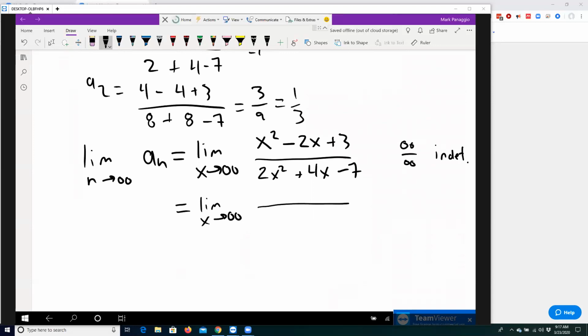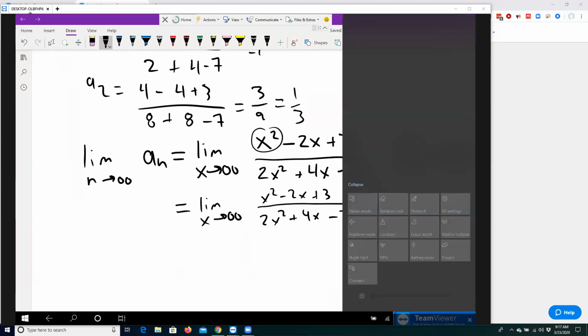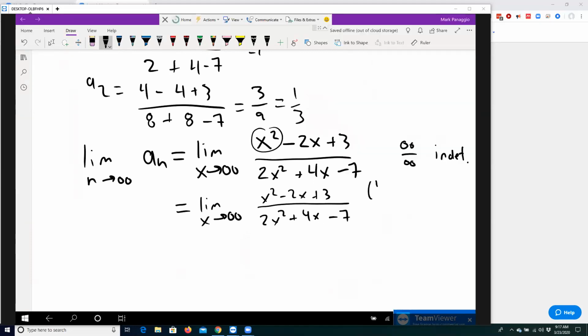In this case, notice x squared is growing fastest on top and it's growing fastest on the bottom. And so what I'm going to do is multiply by 1 over x squared, over 1 over x squared.